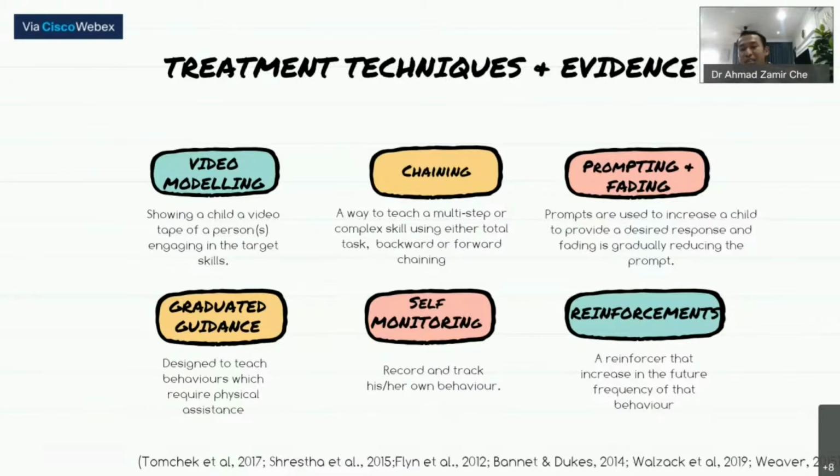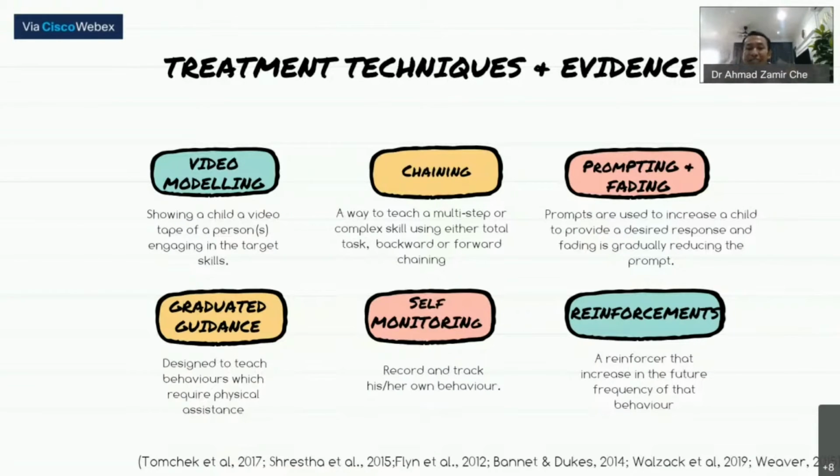Okay, and the most common technique that we use in improving self-help skill for the children with autism spectrum disorder is reinforcement. Reinforcement is a reinforcer that increases the future frequency of the targeted behavior. Let's say that your target behavior is to ensure that the child is able to brush her teeth independently.